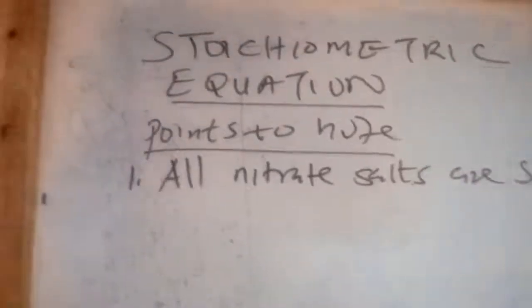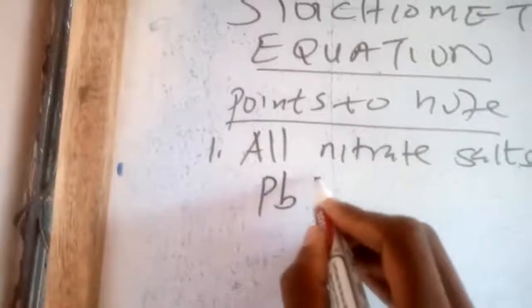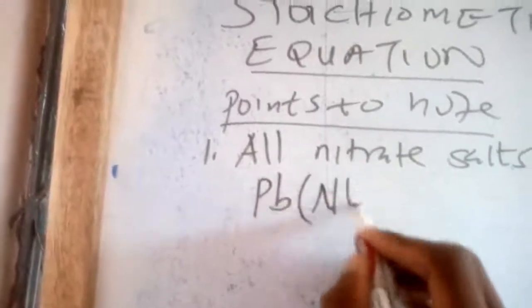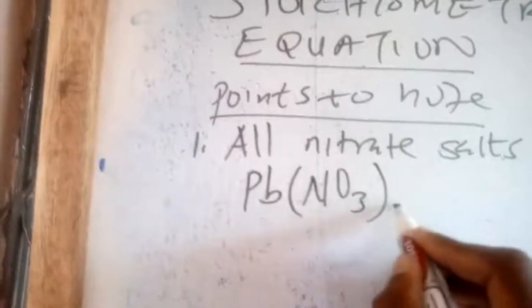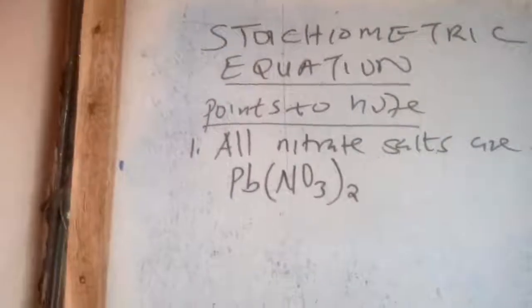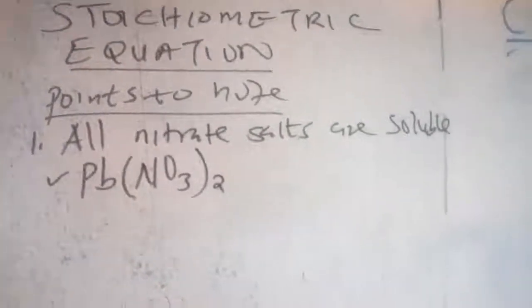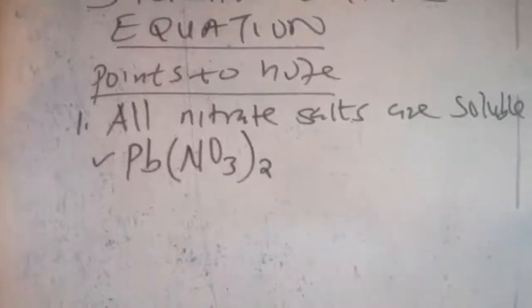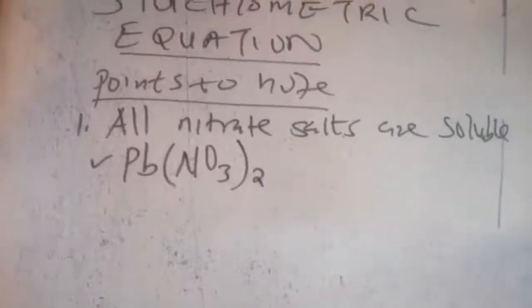I'm going to give an example of nitrate salt. We have the first one as lead nitrate. Lead has a valency of 2, and nitrate is a radical with a valency of 1. And therefore, that is the first example. And whenever you come up with any sort of nitrate, you're supposed to know it is soluble.